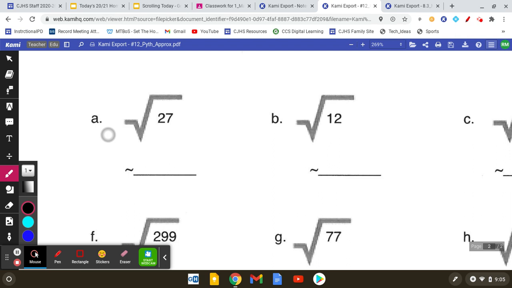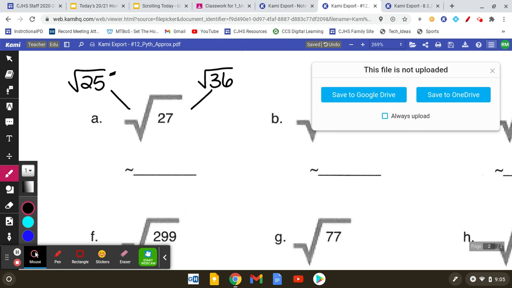It'd be between the square root of 25 and the square root of 36. And the square root of 25 is what? 5. And the square root of 36 is? 6. Good.